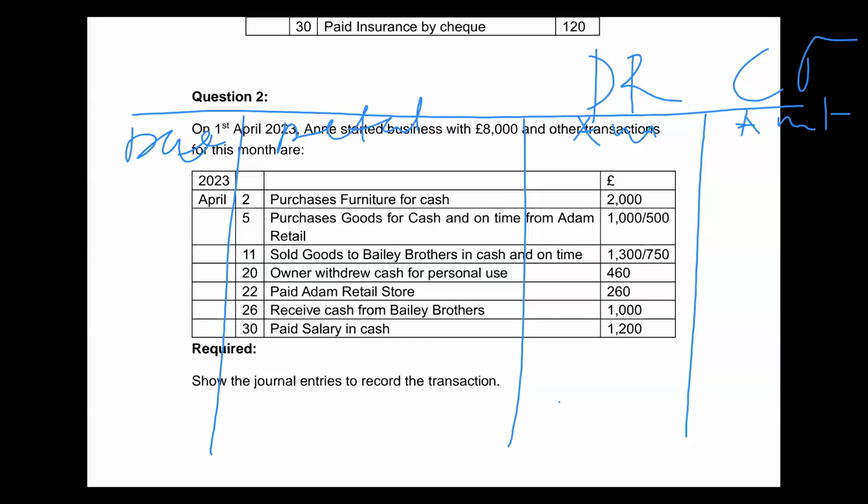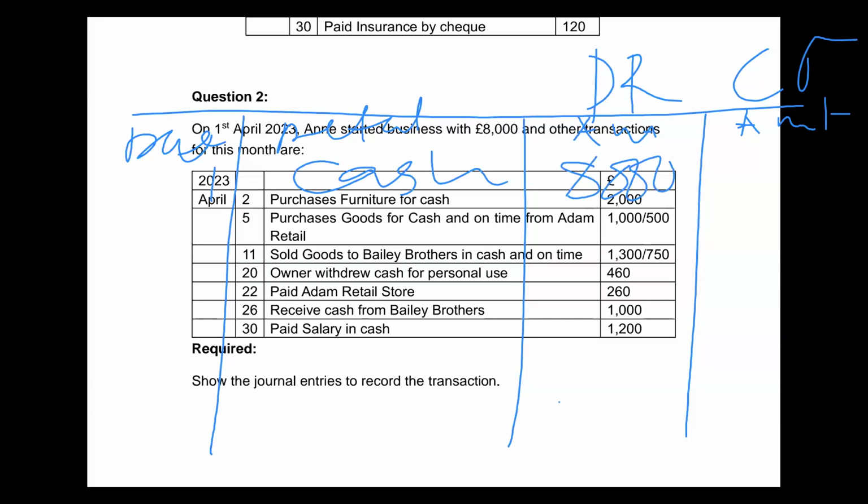Exactly. So what are you debiting? We are debiting the 8,000, yeah? The capital account. Okay. So which account is being credited? You're debiting cash. You're using cash, isn't it? Yeah, the cash account is being debited.